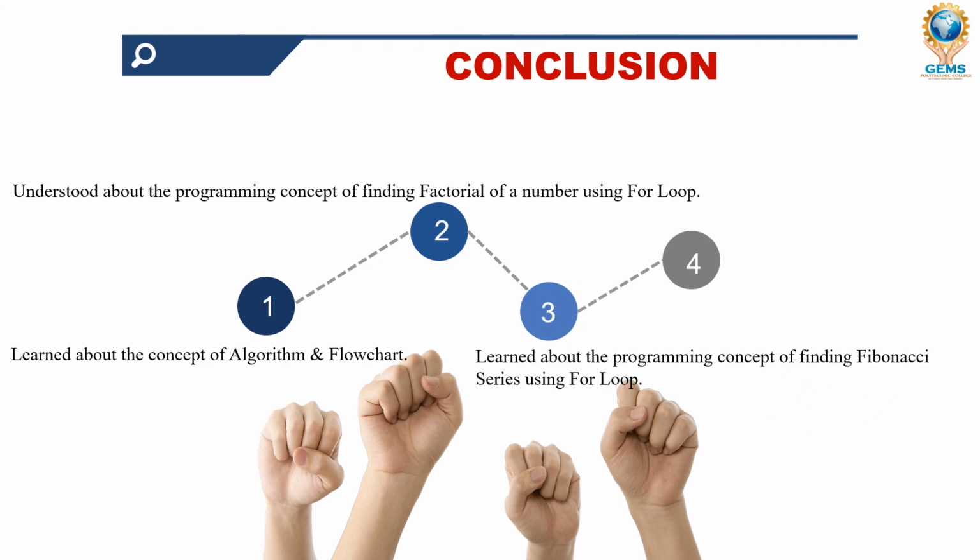We also understood finding the Fibonacci series using for loop. So this is also a programming concept. I hope we understood. And the last point, I explained how the program code is working. I hope this video lecture helped you to understand the concept of programming in C language, basically finding the factorial of a number and finding the Fibonacci series using for loop.